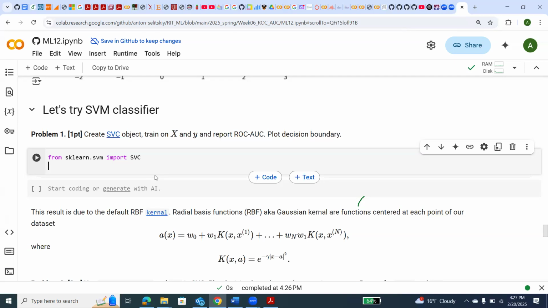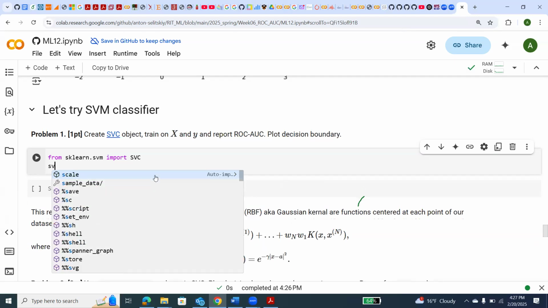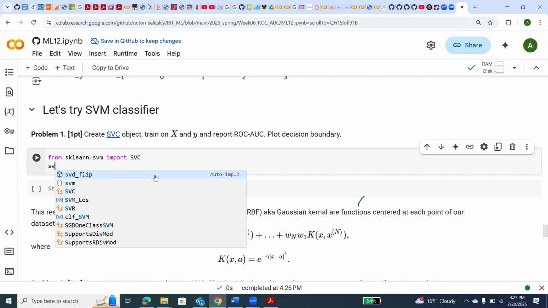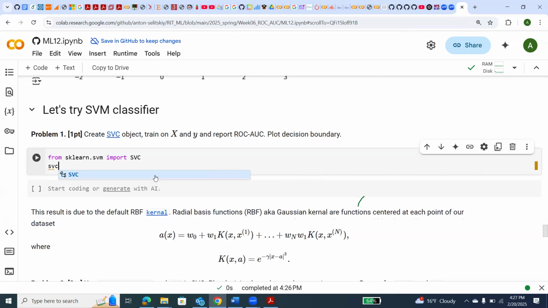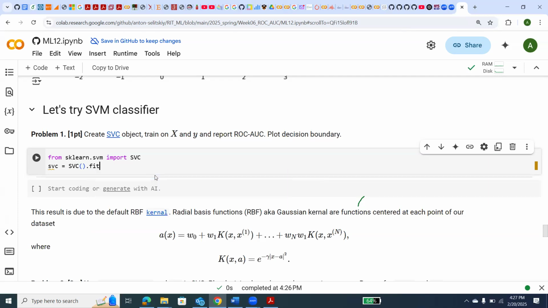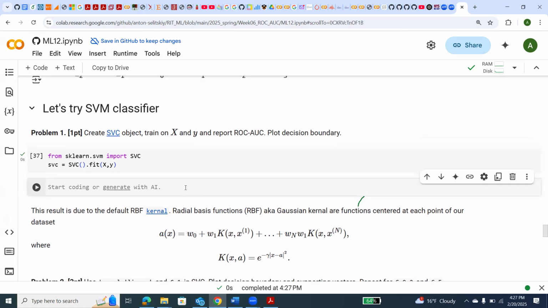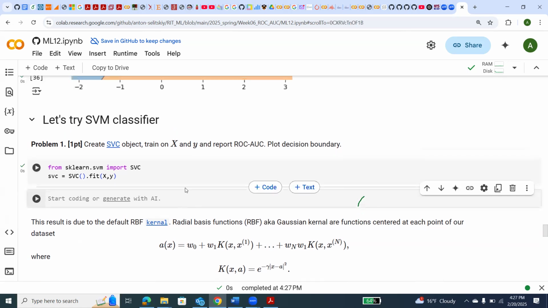Support vector classifier just with default parameters dot fit and plot the decision boundary.